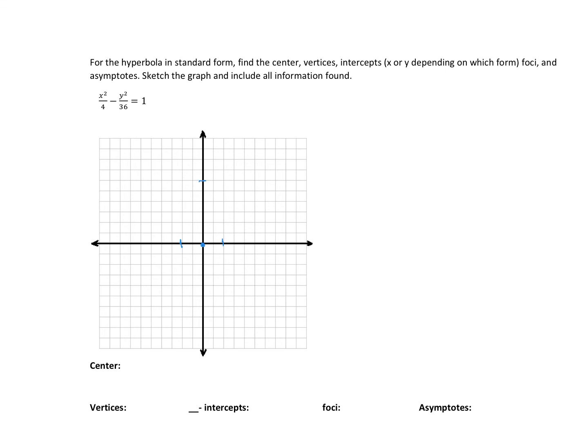Now, at this point, if it were an ellipse, we would draw the ellipse. But because it's a hyperbola, we draw what I like to call a magic box. And that magic box goes through those points. And we can draw a diagonal through the center and the corners. And that will be, let me make that dashed, our asymptote.